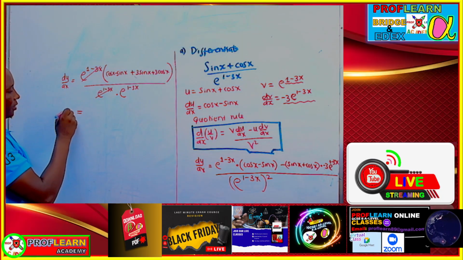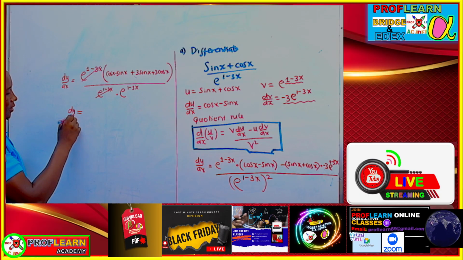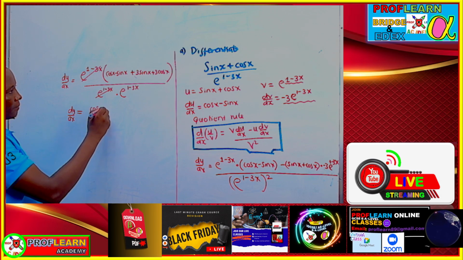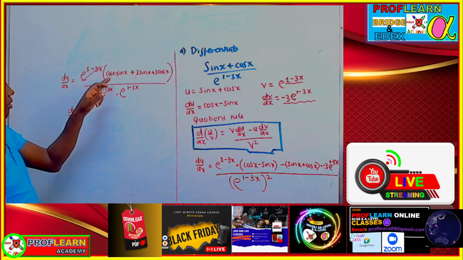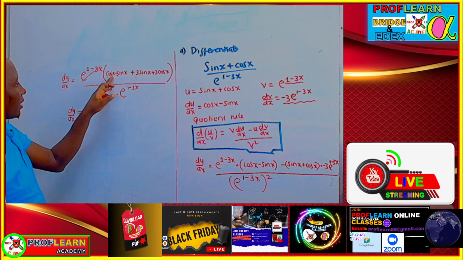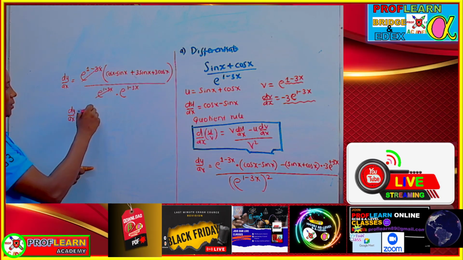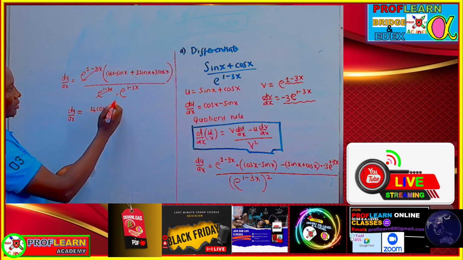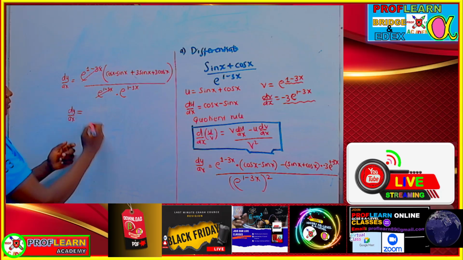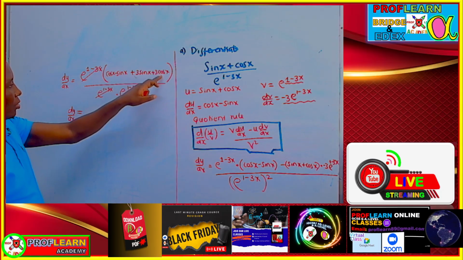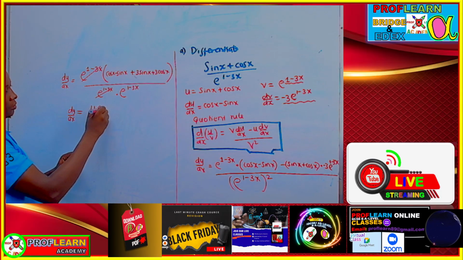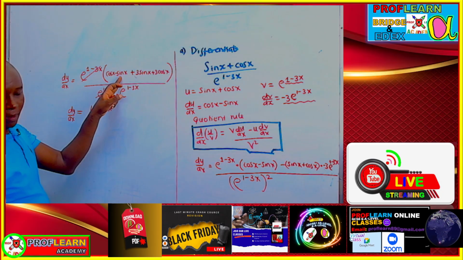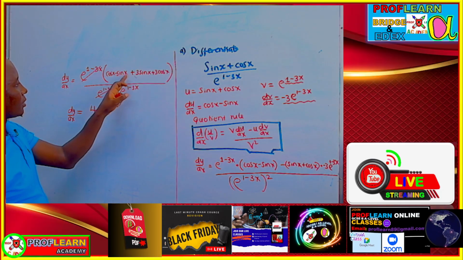Because this is squared, that is why I'm having that, so that I can cancel these two together, and then we end up having dy/dx, which is going to be: we are having cos x and 3 cos x here, which becomes 4 cos x, minus sin x plus 3 sin x.